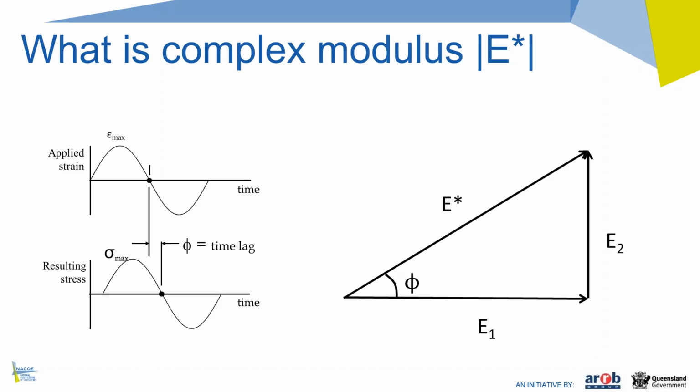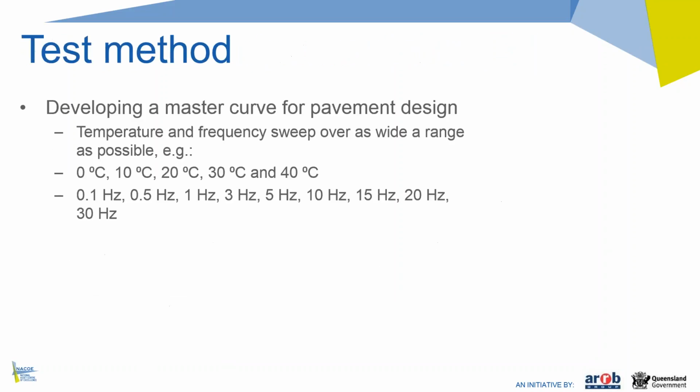So the calculation is very different from the flexural stiffness. However, the values will be quite similar. It's just that it's not exactly the same thing because we're taking the viscous behavior of the material into account. So that's just the background, and I thought it was important to include that.